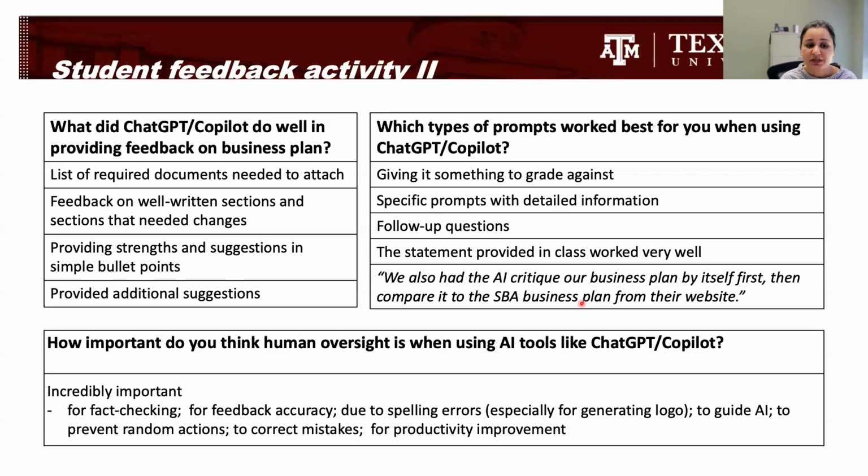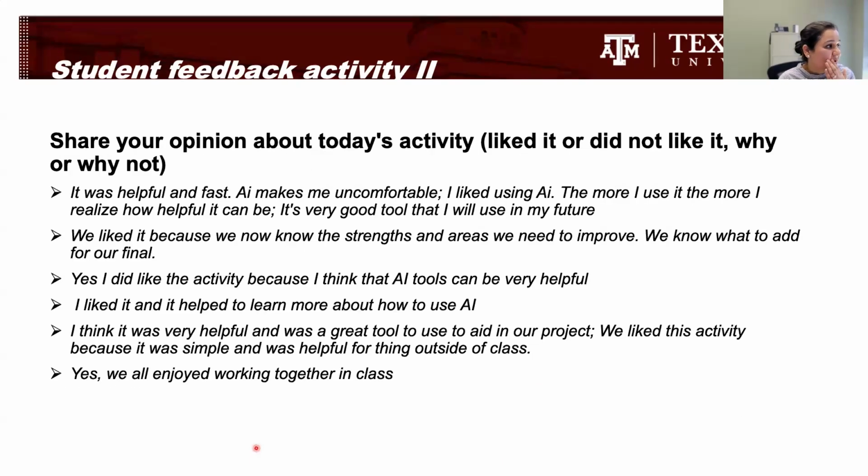It was giving spelling errors, especially when they were generating the logo for their business by using Copilot. And then a few groups decided not to use AI to generate their logo. Human oversight is needed to guide the AI towards a specific direction, to prevent any random actions it was doing, to correct mistakes, and also to improve their productivity, basically get the best feedback out of it.